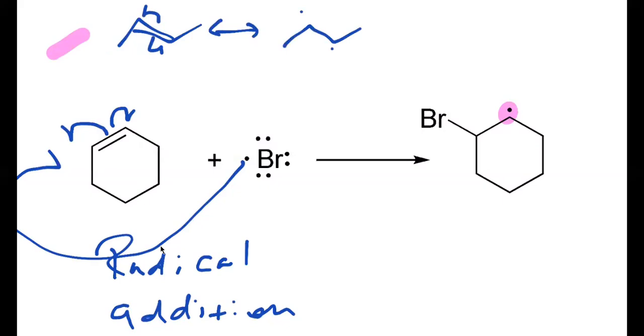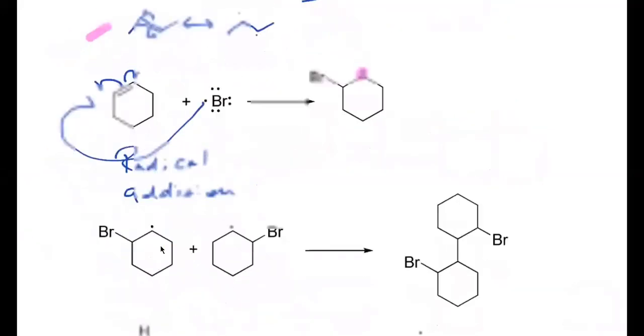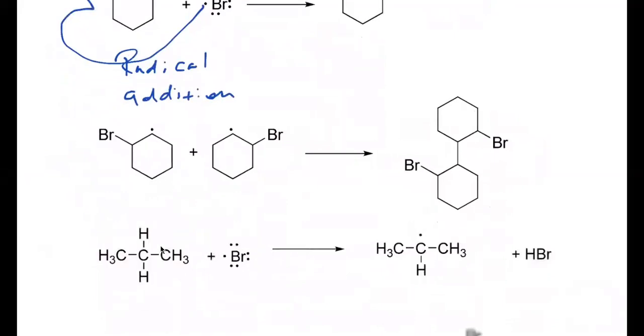So anytime I break a bond, it's either going to be in a radical fashion where everything gets one electron, or a polar fashion where I'm bringing two electrons and making a new bond, or if I break a bond in a polar fashion, one of the atoms is leaving with both electrons. All right, we okay so far? Yes, sir.